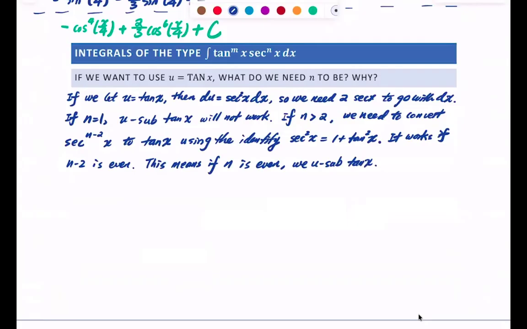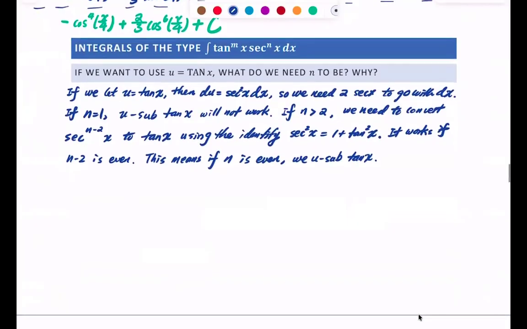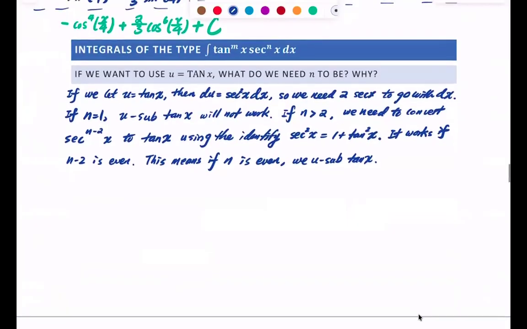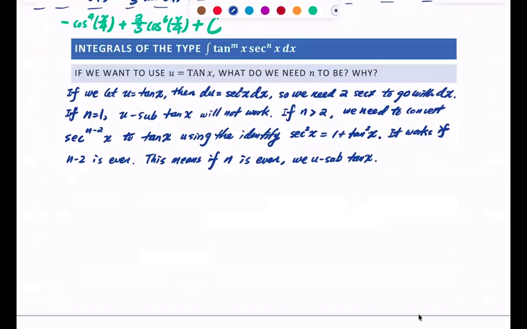Right, the whole theory, the whole analysis is just based on use up, what we need to do to make it happen. So if n is even, then you use up tangent, it will work.